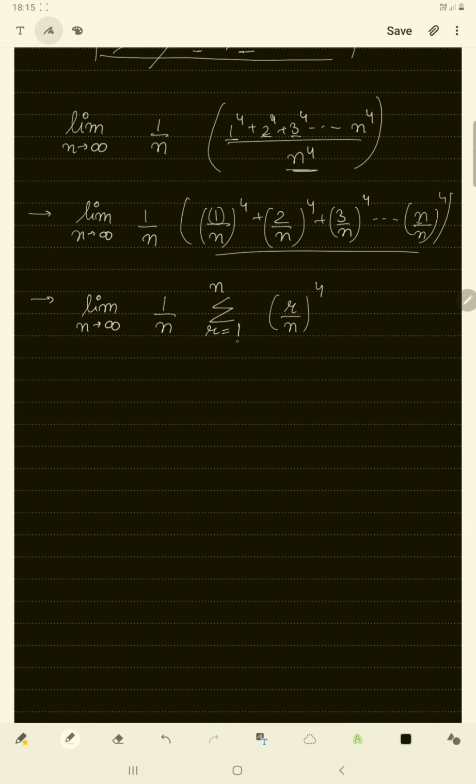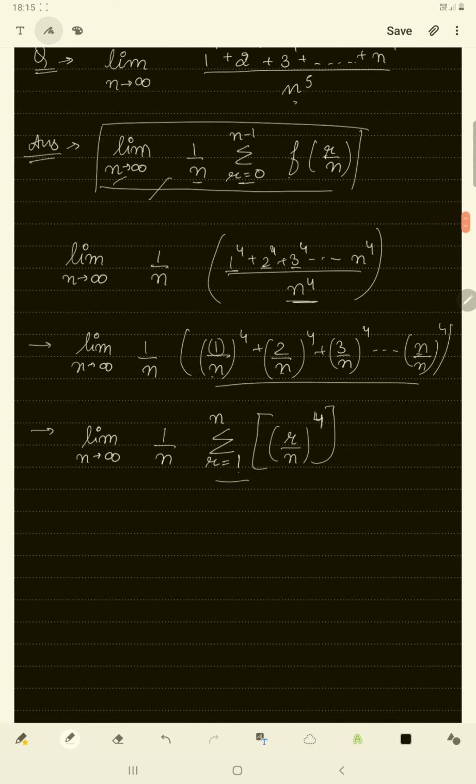If you put the value 1, then we get this term, the value 2 we get this term, so we get all the terms by putting the values of r into this. So we have actually converted to this form. The function f is actually to the power 4.